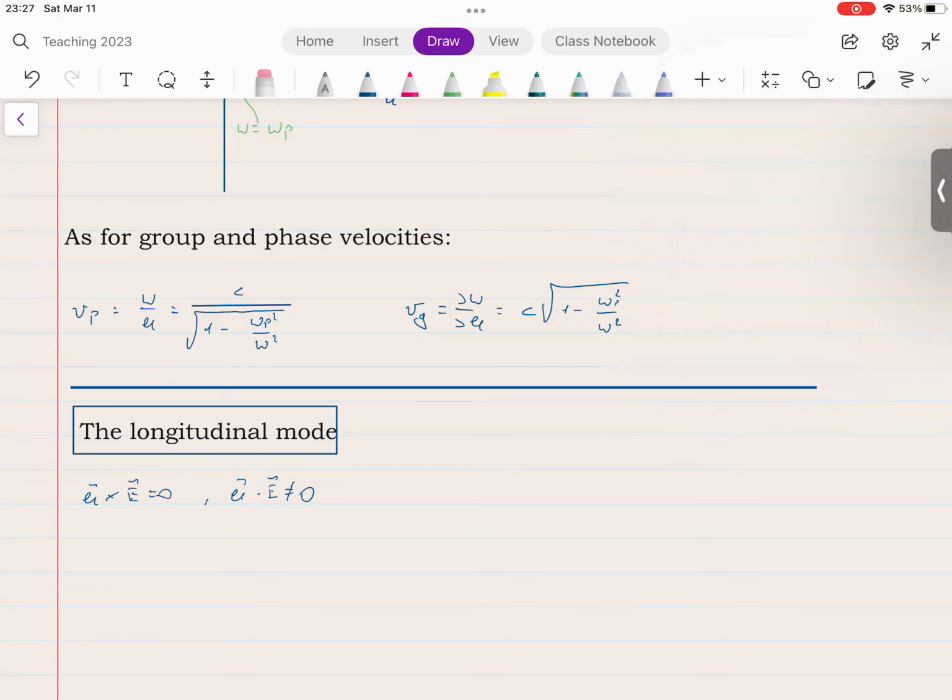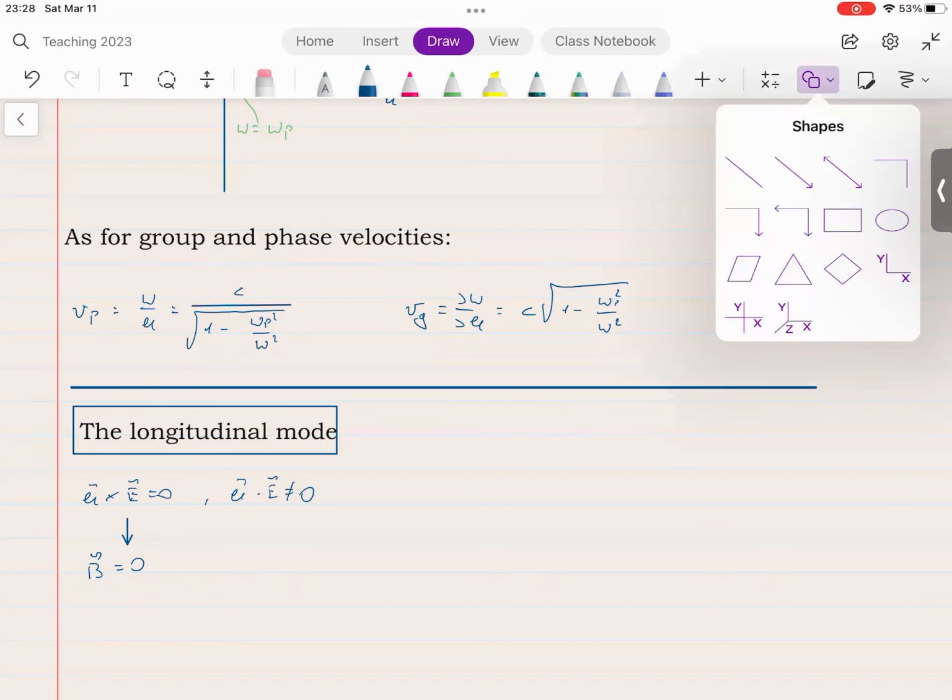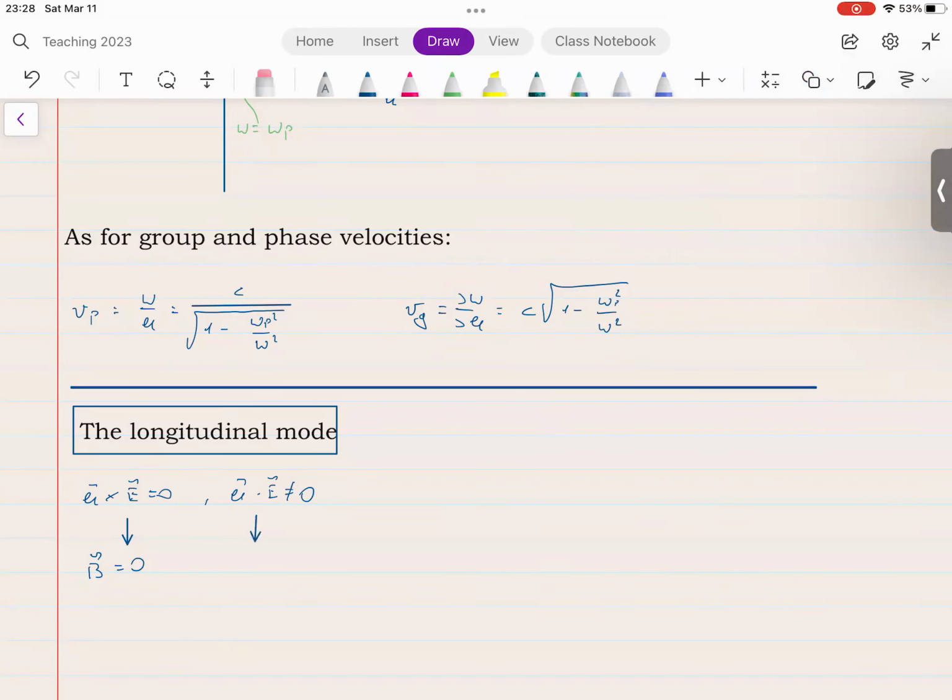And as I was saying, by what we discussed earlier, B is going to be 0, because it is related to the curl of the electric field. So there is no magnetic field in this case. However, there is going to be a charge separation, an electrical charge, because this means that the divergence of E is non-zero.